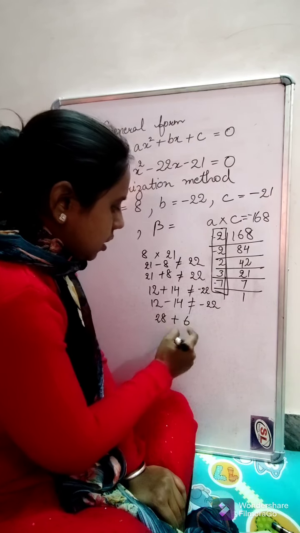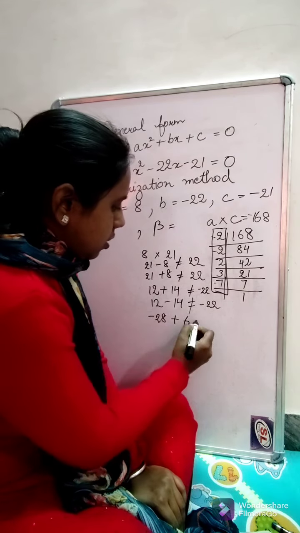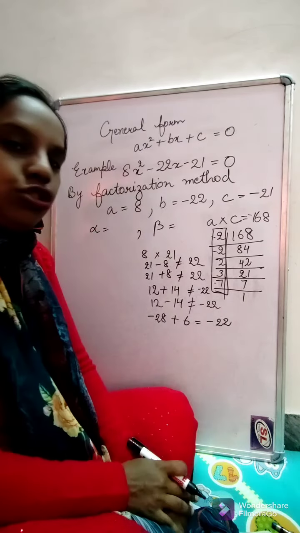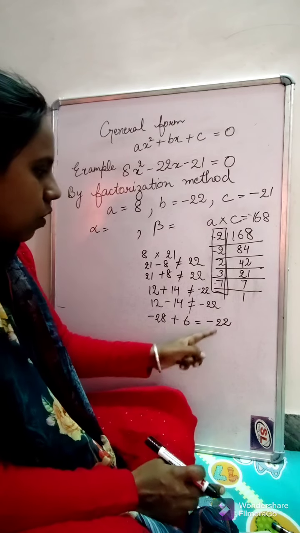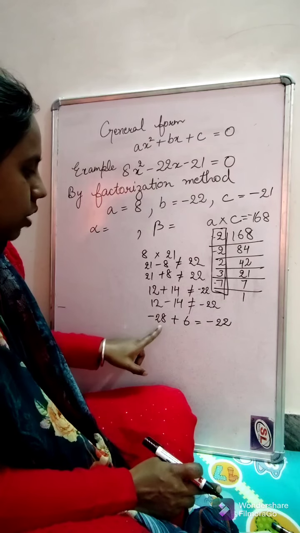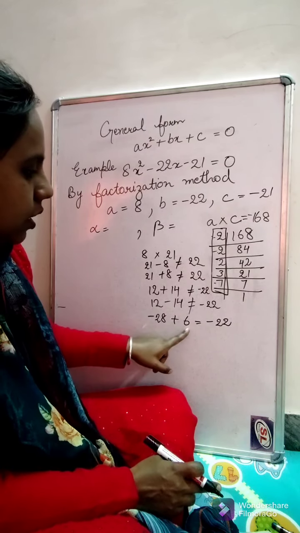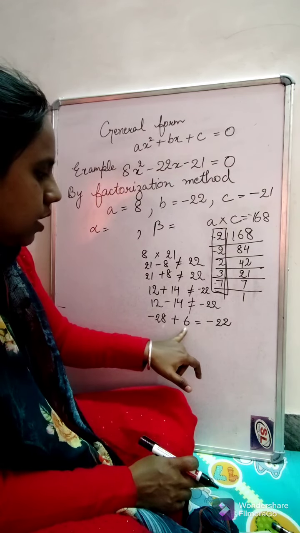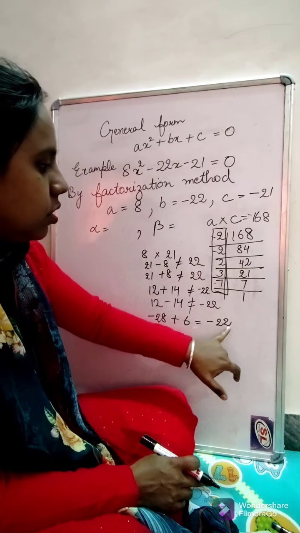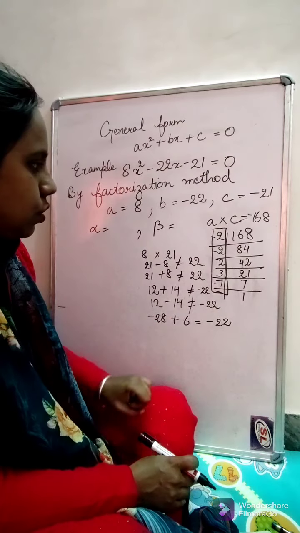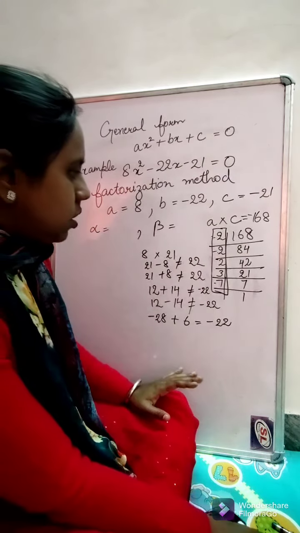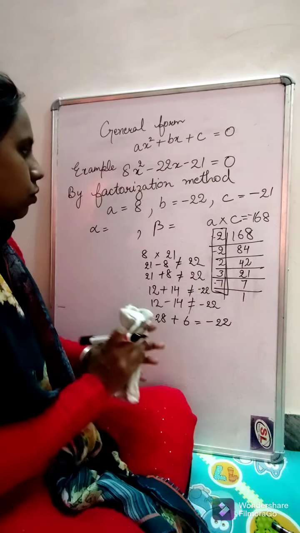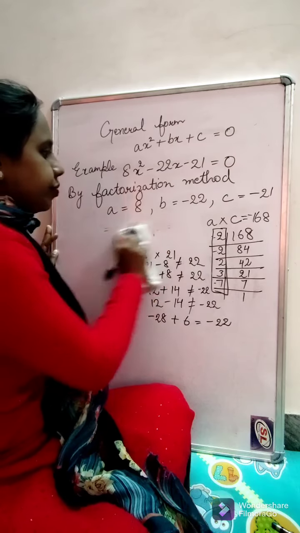I am taking 6 positive and 28 negative, which will give me minus 22. So I got two numbers, minus 28 and 6, which give me the result minus 22. I hope you have understood how to come to this point.